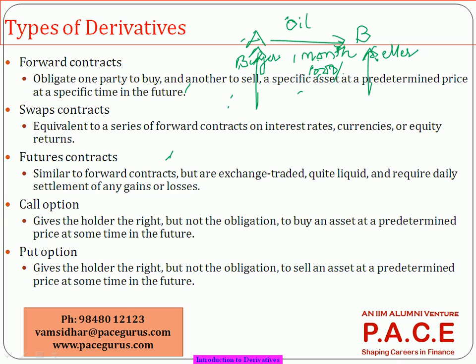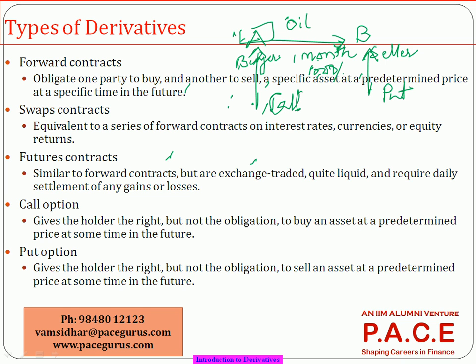When we are talking about the option taken by the buyer of the original security or the seller of the original security. If the buyer of the original security takes the option, we call it as a call option. If this person takes an option, we call it as a put option. Now, in any one single transaction, only one person can take an option.